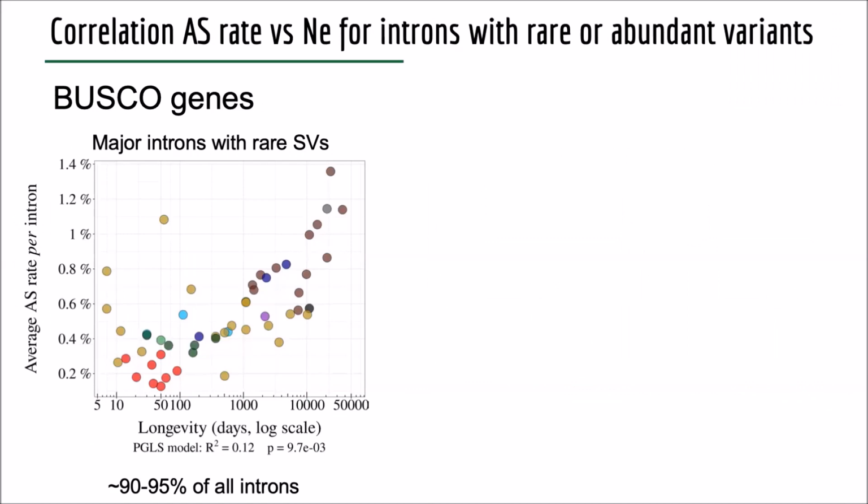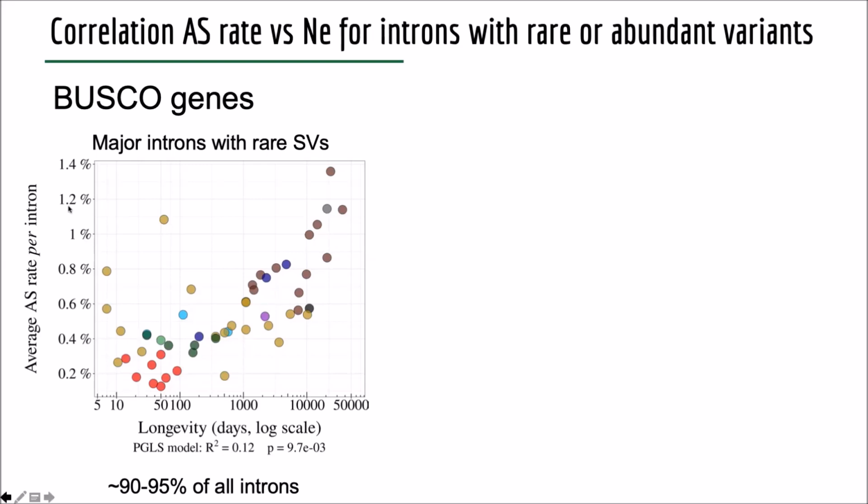Okay, so now we have rare splice variants in which we see little evidence for functional constraints. And when we look at the correlation between the rate of alternative splicing in these splice variants and NE, here we took longevity as a proxy for NE, we do see this clear correlation that we showed previously.